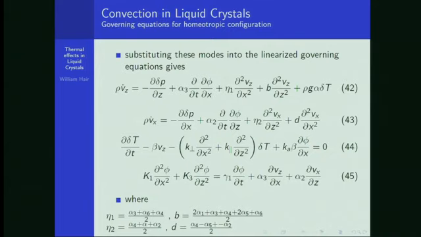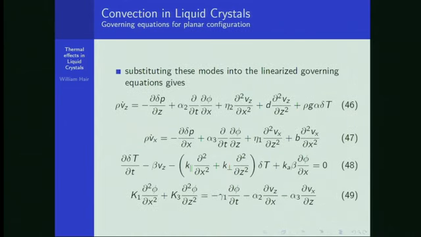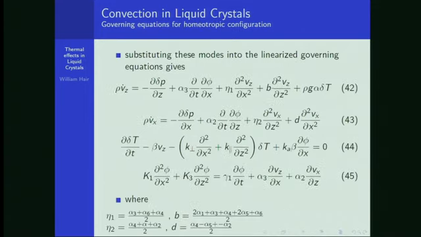This one comes from linear momentum balance in the z direction, this from linear momentum balance in the x direction. This comes from the heat transfer equation, and this will come from the angular momentum balance. For the planar case, it's a very similar set of equations, although as you might notice, some of the terms are slightly different. Like this one's an alpha 2, whereas here it was alpha 3, so it's very similar but just slightly different.